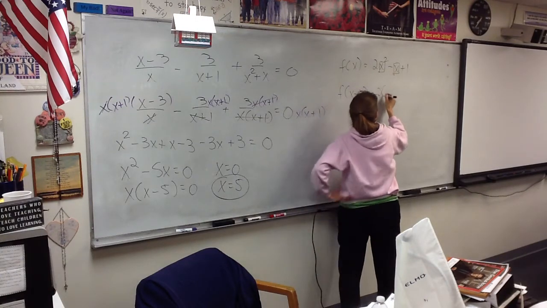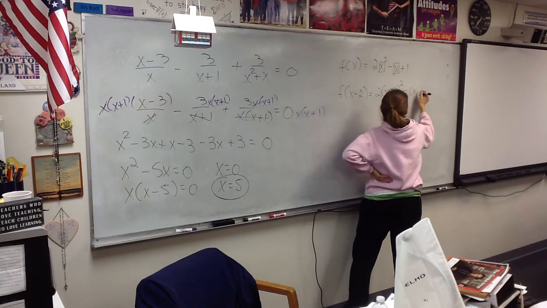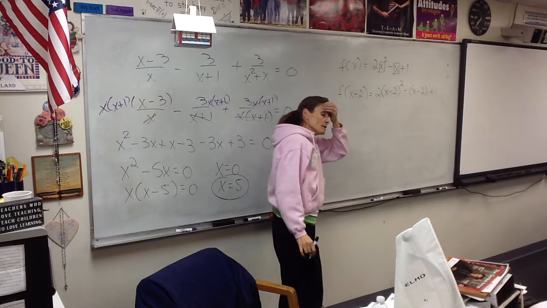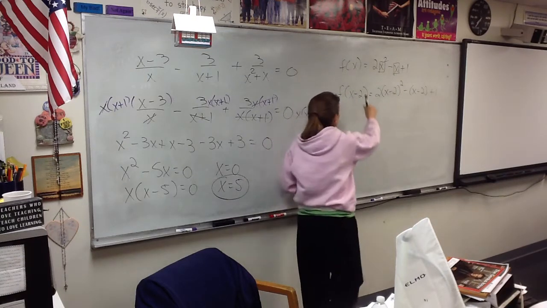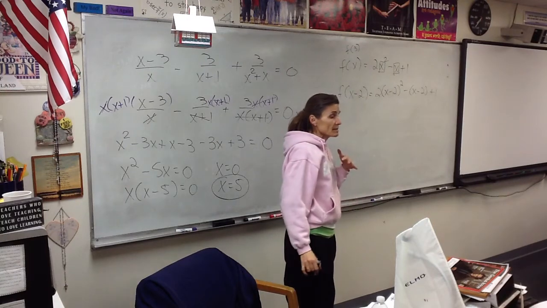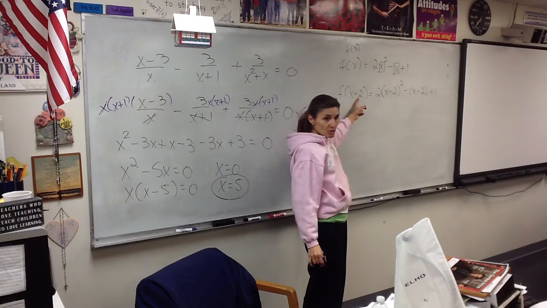So I'll have 2 times x minus 2 squared minus x minus 2 plus 1. See what I did? Kids, that's no different than if I said, here's a function, find f of 3. What would you do? You take out the x's and put in 3. This time we're putting in x minus 2.